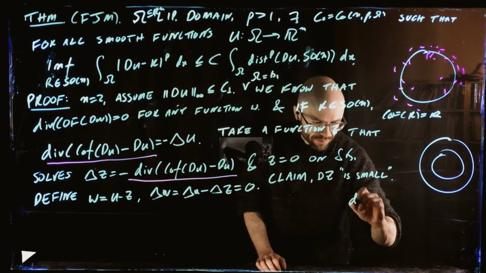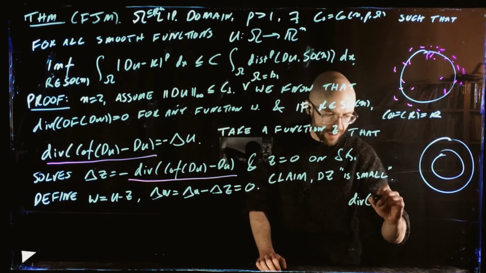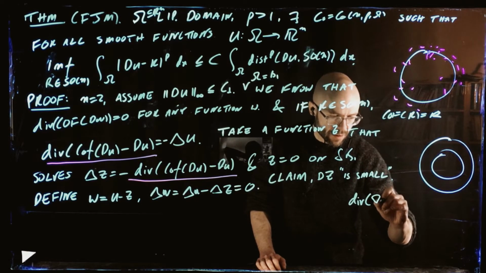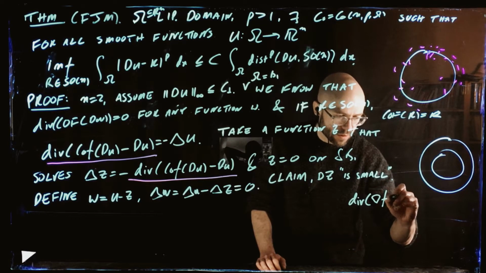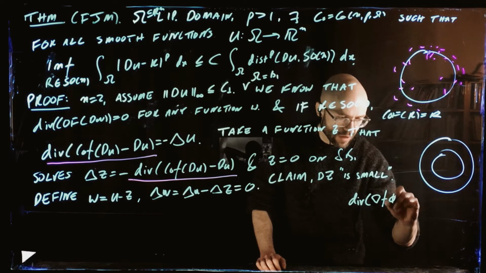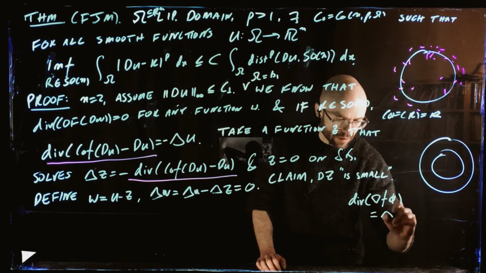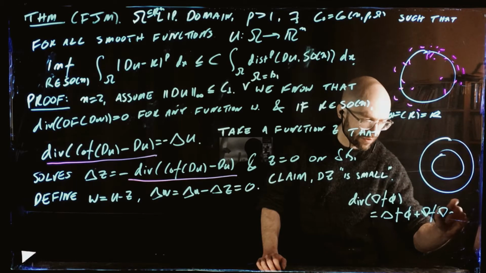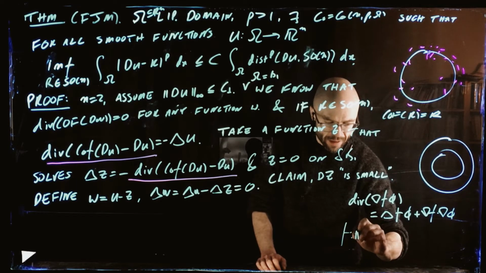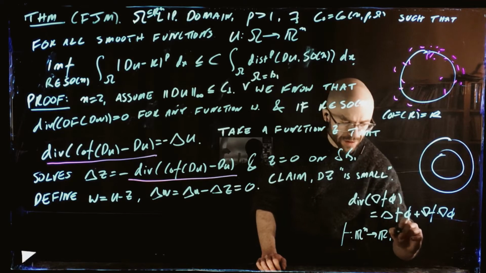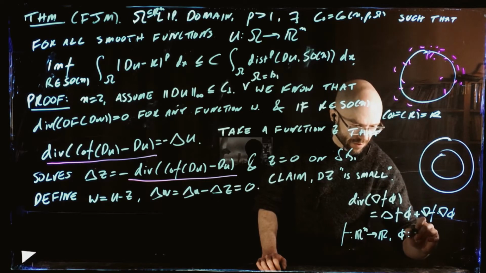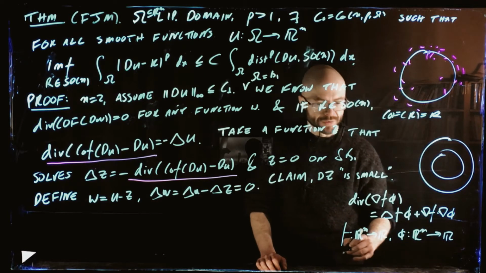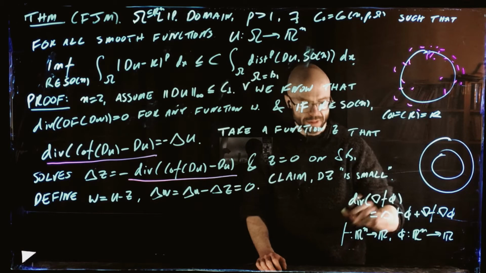If we take the divergence of a gradient of a function f times some scalar valued function phi, then that thing is the Laplacian of f times phi plus the gradient of f dot the gradient of phi, where f is something from, say, R^n to R, and phi is a test function, again from R^n to R. Do you want me to write that out? Should we just see that?